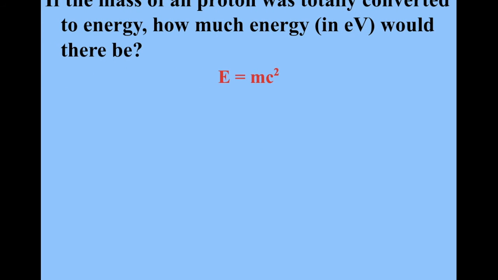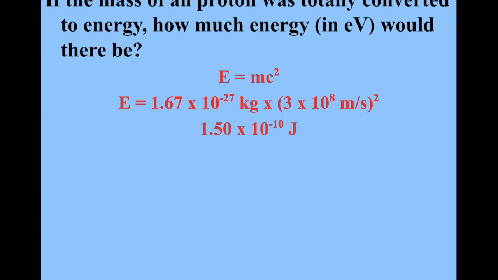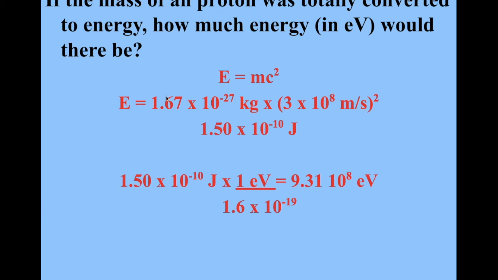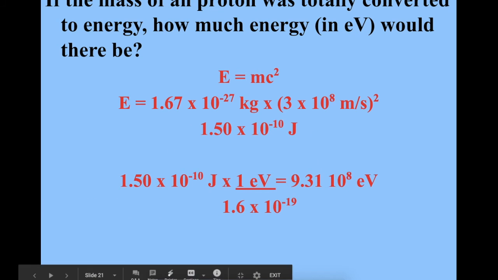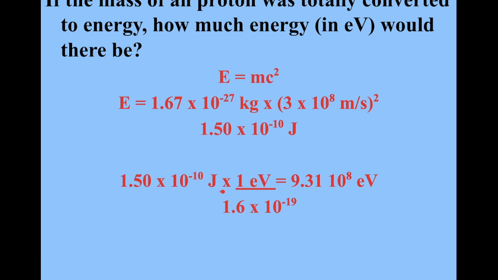Where we're more likely to see this is the mass of a proton, with a similar equation. This is the mass of the proton, 1.67 times 10 to the negative 27th off the reference table. And then if I were to convert this to electron volts, I could say, well, that's my energy in joules. I'm going to bring it down here. And my conversion factor is, for 1 electron volt, I get 1.6 times 10 to the negative 19th joules.